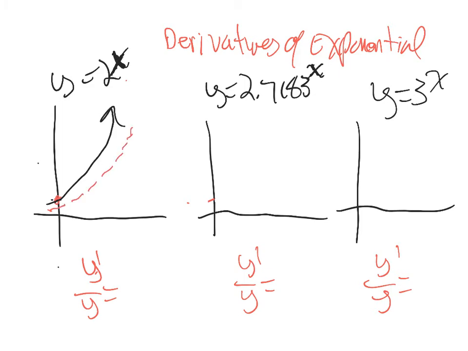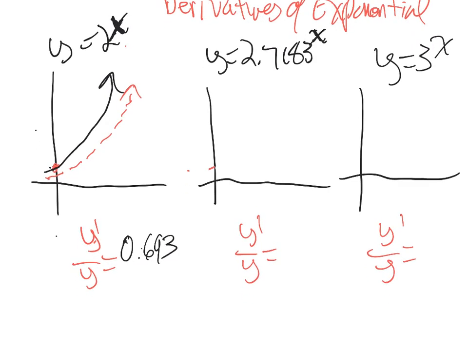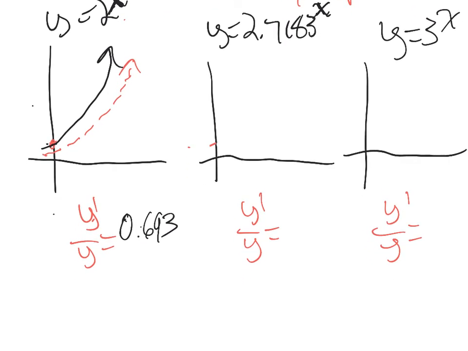And if we notice, what we did was y prime over y, which is f prime. So when we took the derivative and we divided it by the original function value at every single one, we got 0.693. So what does that mean? Well, that means that y prime, if I multiply both sides by y, I get 0.693 times y.